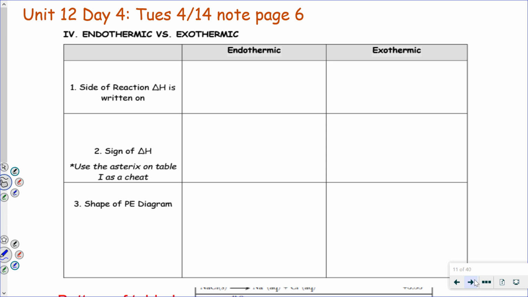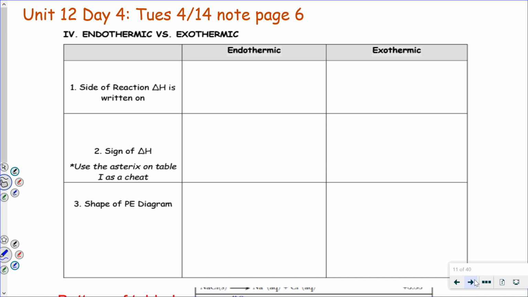So yesterday, as I said, we were doing a labeling example of a potential energy diagram, but we didn't talk about whether there is a difference if your reaction is endothermic, meaning energy has been absorbed, or an exothermic reaction where energy has been released. So that's what we're going to talk about today.